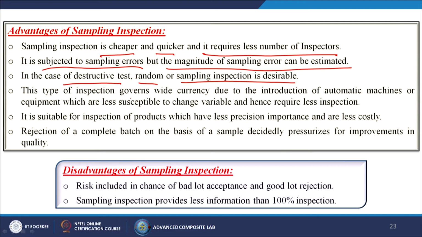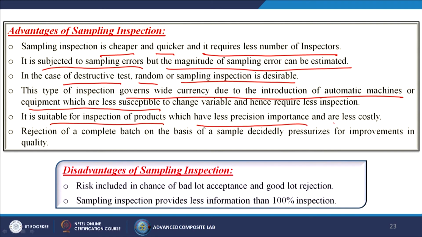This type of inspection is gaining currency due to the introduction of automatic machines or equipment which are less susceptible to change in variables and hence require less inspection. It is suitable for inspection of products which have less precision importance and are less costly. Rejection of a complete batch on the basis of a sample decidedly pressurizes for improvement in quality.